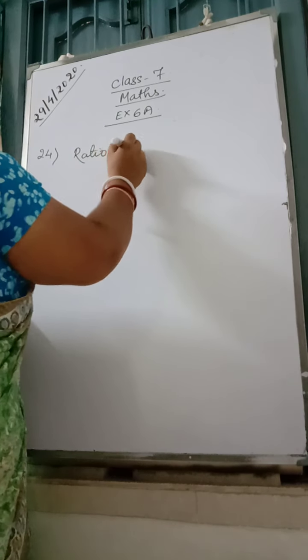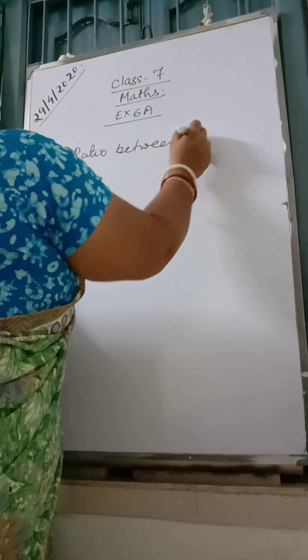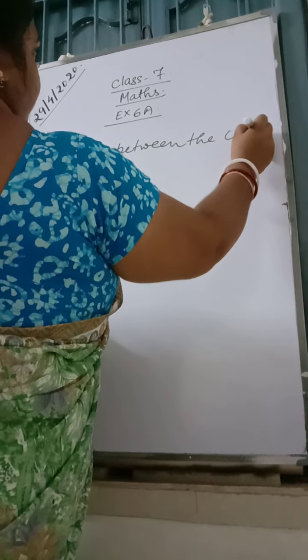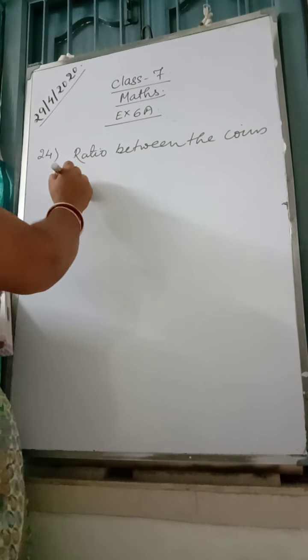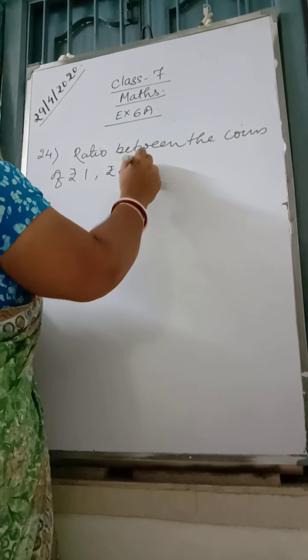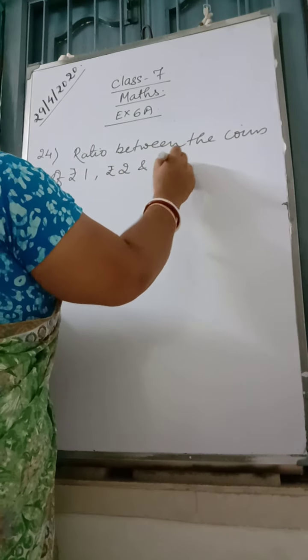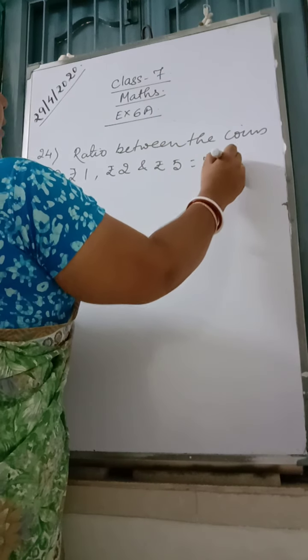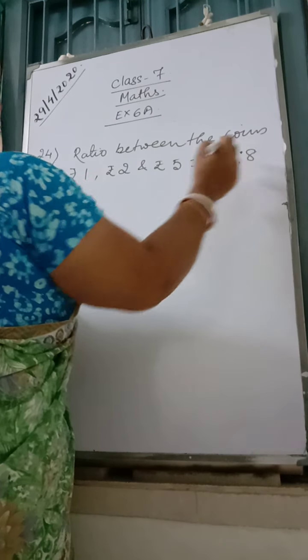So, question number 24. The ratio between the coins of rupees 1, rupees 2 and rupees 5 is equal to 7:5:8.